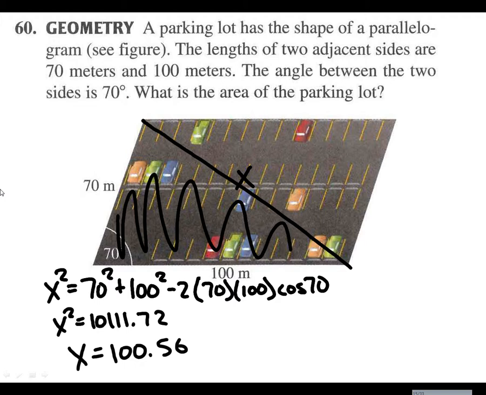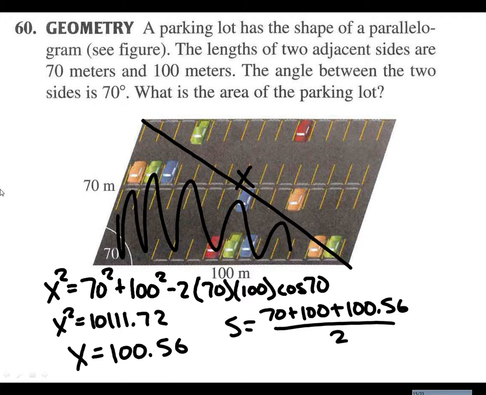Alright, so we got three sides of a triangle. We can use Heron's formula to find the area. First we're going to find the semi-perimeter. S equals, add up all your sides, and divide by 2. I get 135.28.